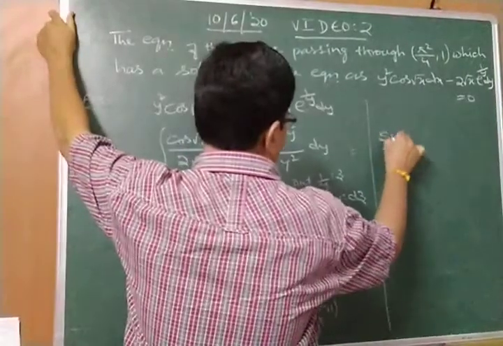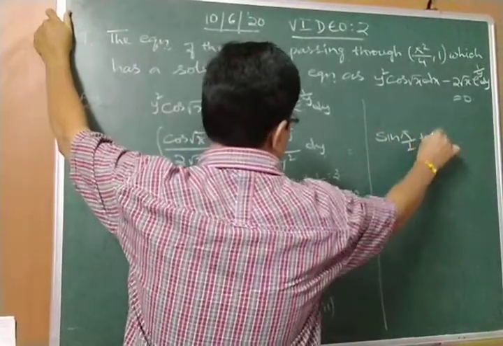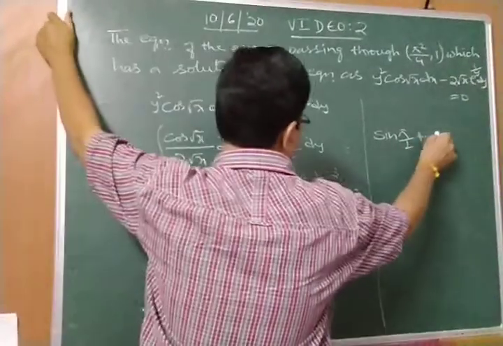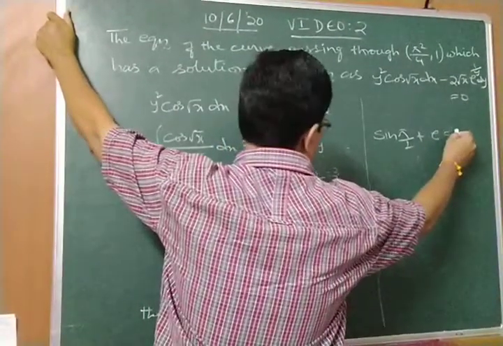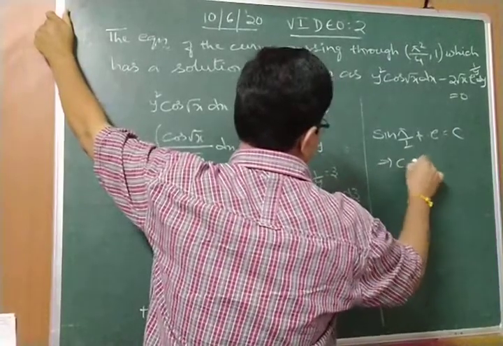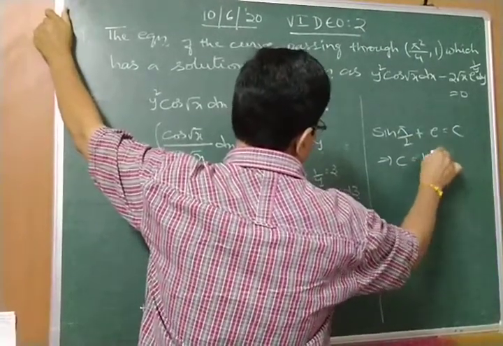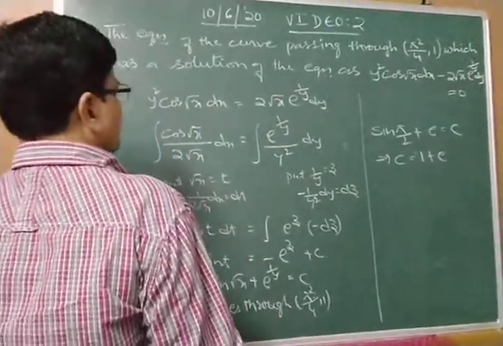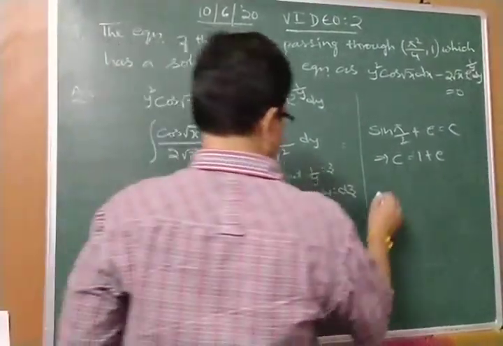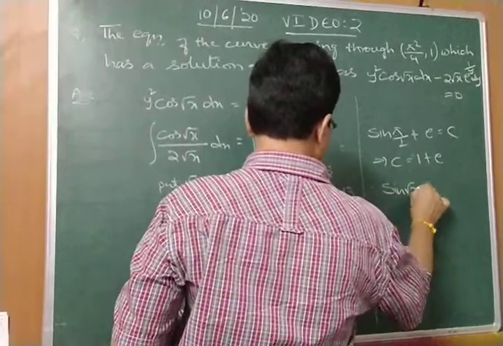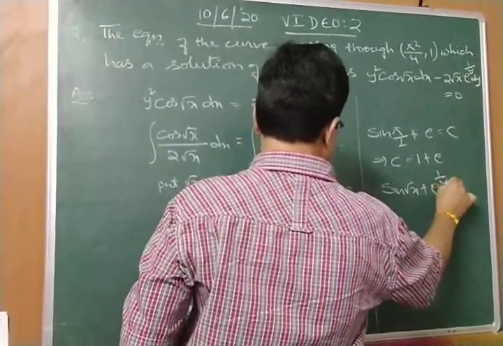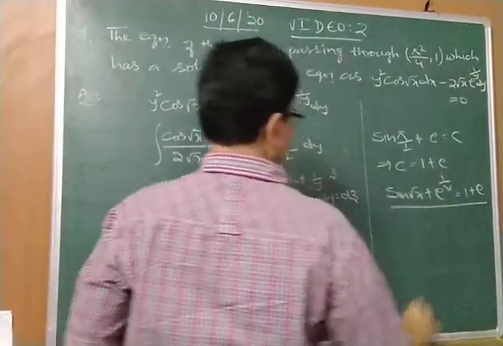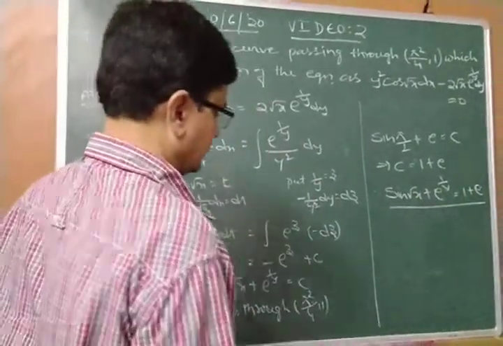Sin pi by 2 plus, with y equal to 1, e is equal to c. So that implies c is equal to sin pi by 2, which is 1, plus e. Therefore, the equation of the curve is sin root x plus e to the power of 1 by y is equal to 1 plus e.